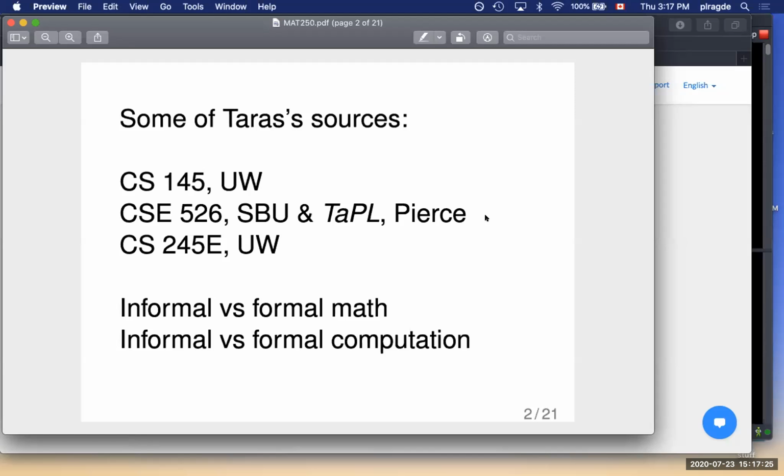You have to really learn it. And then they can use that tool that they just created to do their logic homework. And that's what we did, first for propositional logic and then for predicate logic. And then in the last few weeks, I introduced them to a real proof assistant, the one that Pierce used. And that was the course 245E.